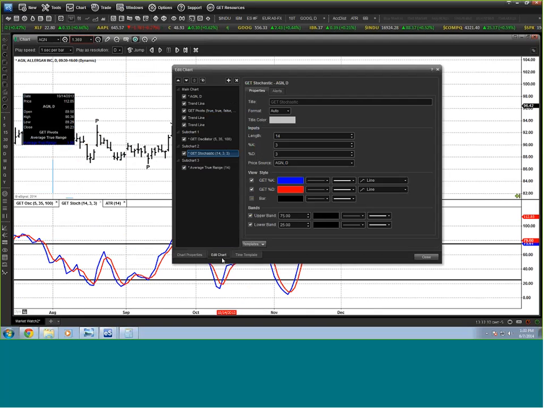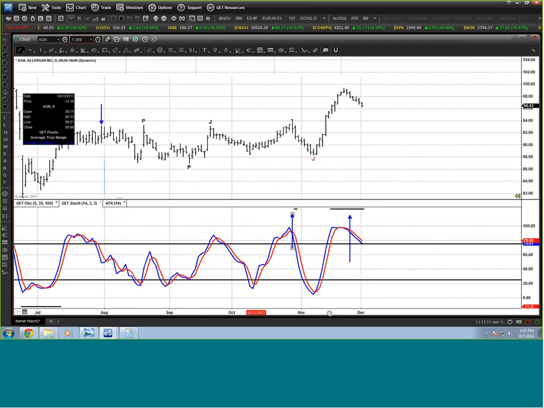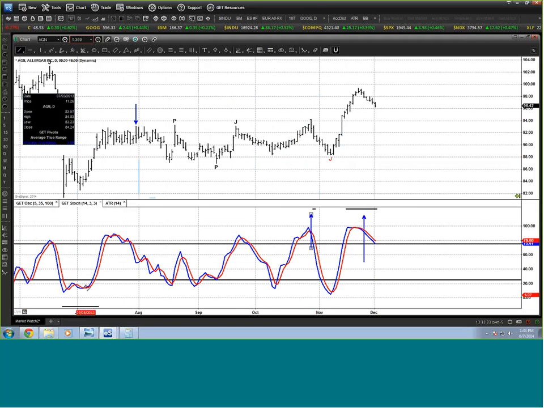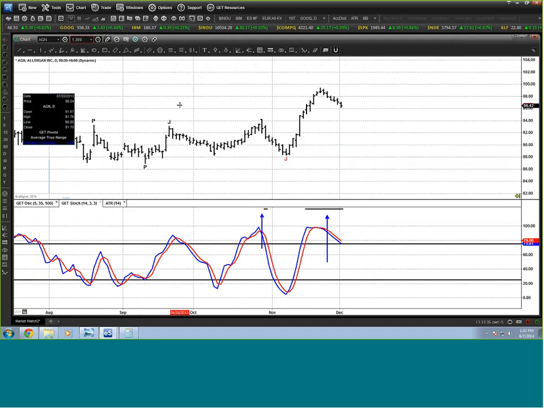I'm going to turn that on. And what you're going to notice is it starts putting these black bars that will appear either above the stochastic, like we saw here, or below the stochastic if I go back here. And what that does is it lets you know that the market is now moving outside of the normal compressed volatility, and we're getting into trend sequences.